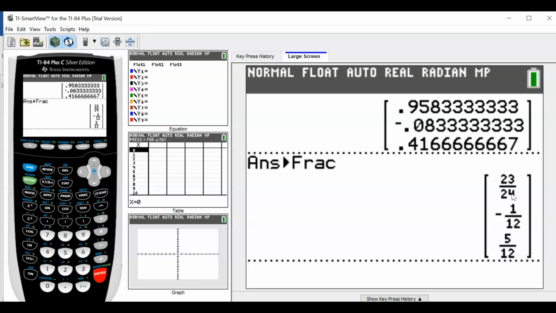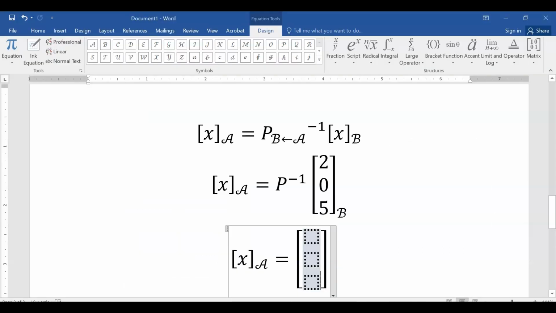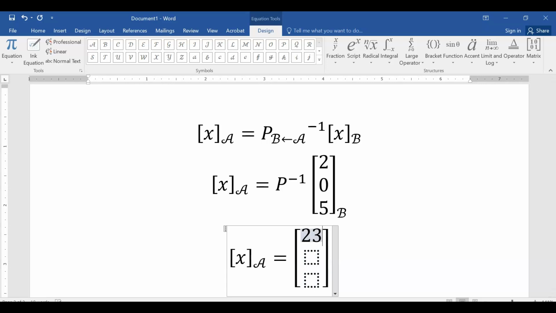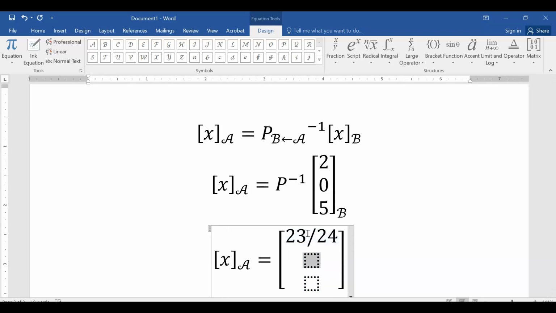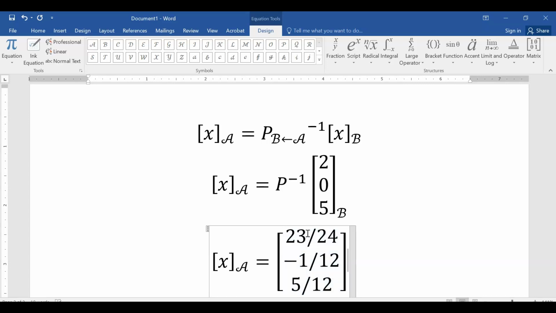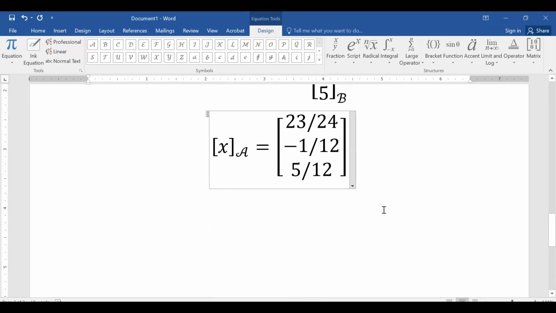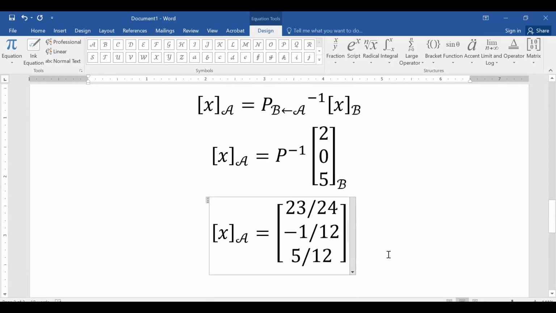There you go. It should be 23 over 24, negative 1/12, and then 5/12. Okay. So that is the matrix that we're looking for. Or excuse me, the vector, which is obviously a matrix that we're looking for.